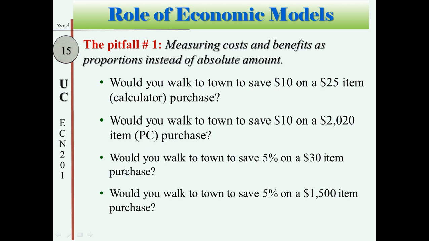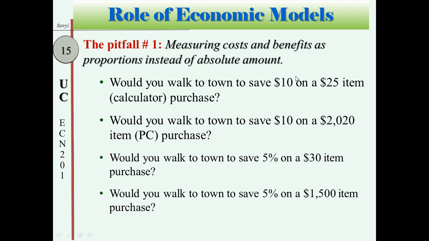The other one: would you walk to downtown to save 5% of a $30 item? Let's say a calculator. Or would you walk to downtown to save 5% of $1,500, let's say a computer again. Okay, which one would you take?